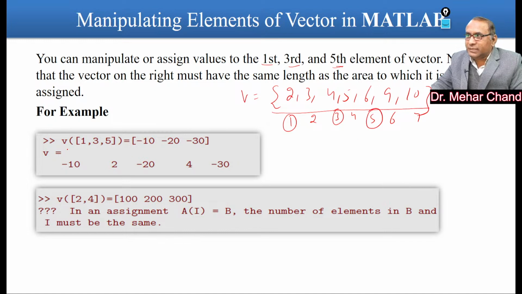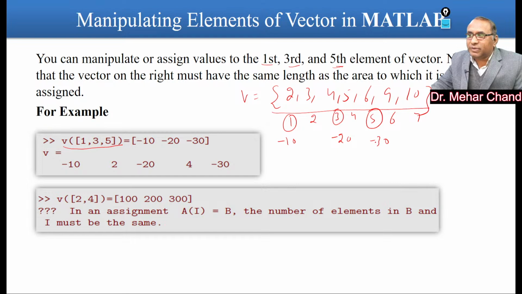Then this is the statement on the left hand side, and now we want to assign new values. For the first position we have -10, for the third position we have -20, and for the fifth position we have -30.